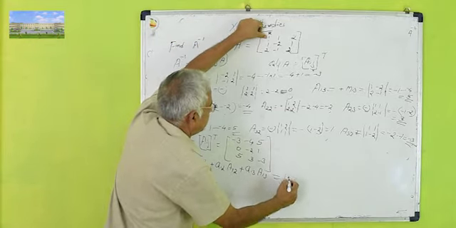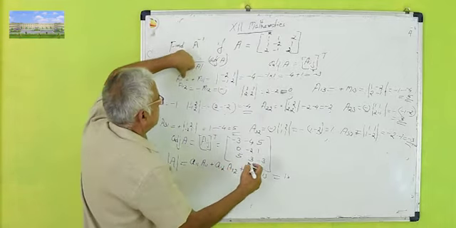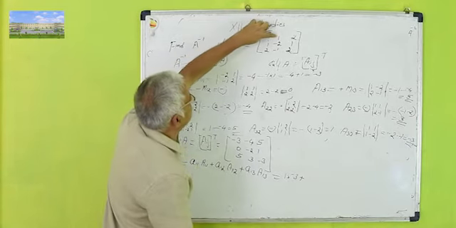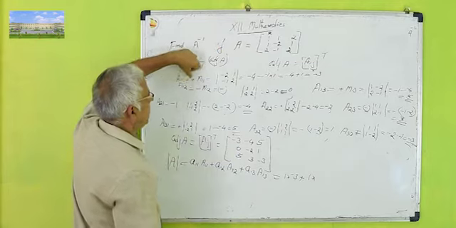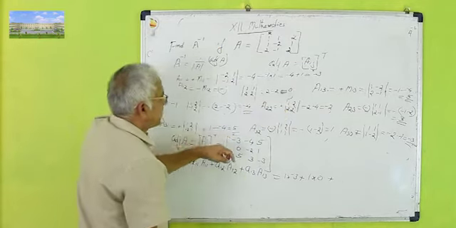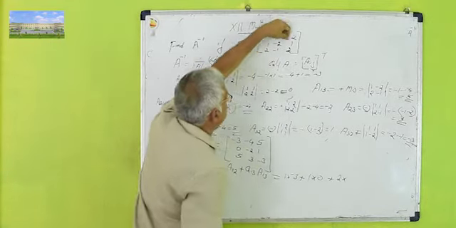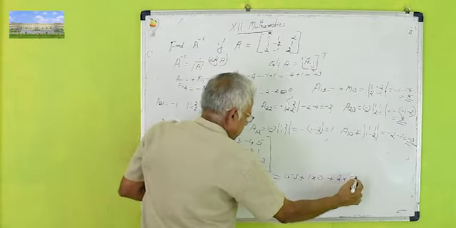A11 is 1 into capital A11, which is -3, plus A12 is 1 into capital A12, which is 0, plus A13 is equal to 2 into capital A13. A13 we get as 5.